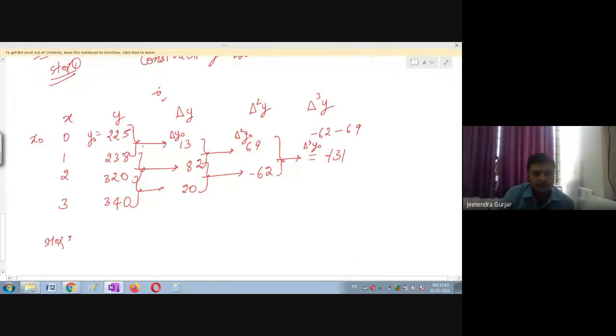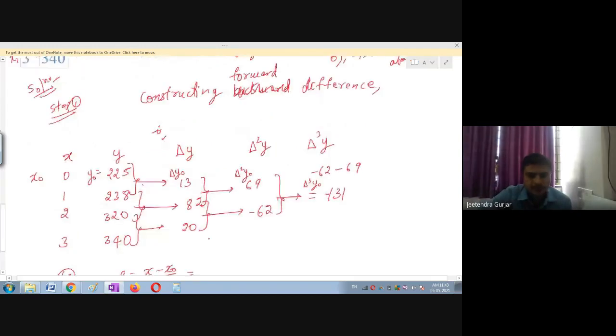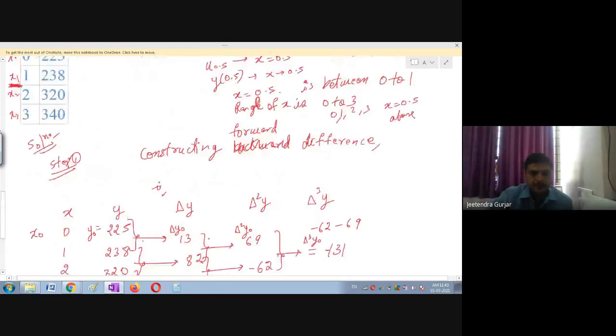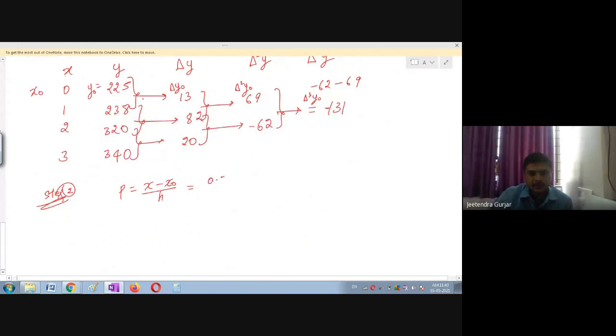Tell me what is the p value. Yes, p is equal to x minus x naught divided by h. Yes, 0.5, very good. So you should be fast like this. What is x here? X is 0.5, minus x naught which is 0, divided by h. H is 1. So therefore this is 0.5.